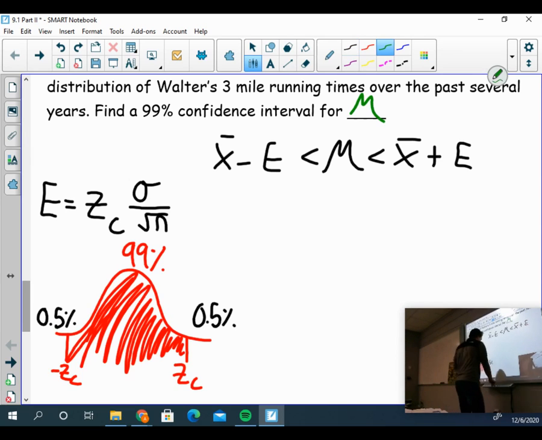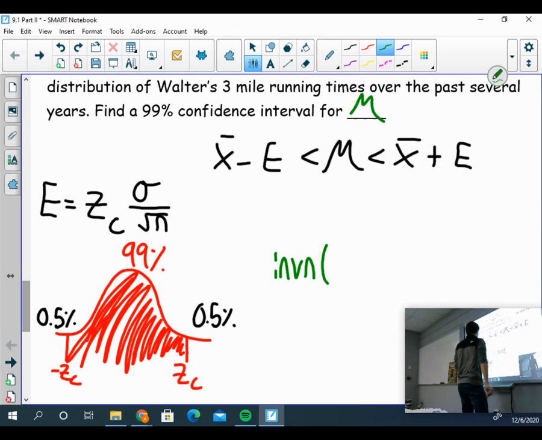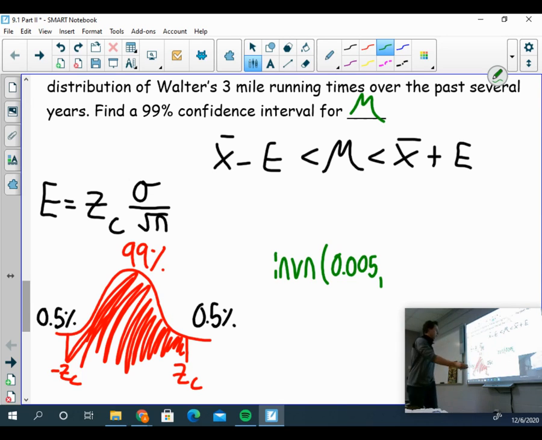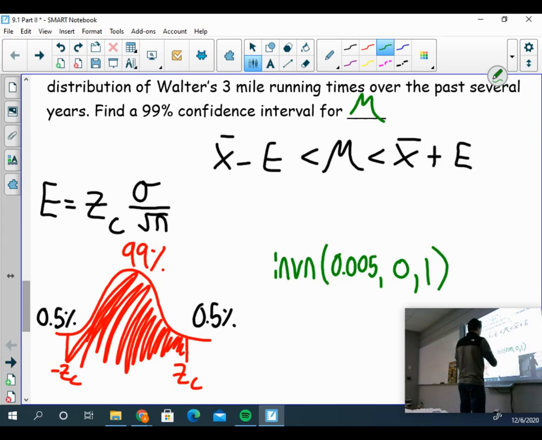So to find our critical values, we use our inverse norm function because we're working with the standard normal curve, and we want to find data values given a probability. Well, the amount of area left of negative z sub c is 0.005, since 0.5% is to the left of that data value.